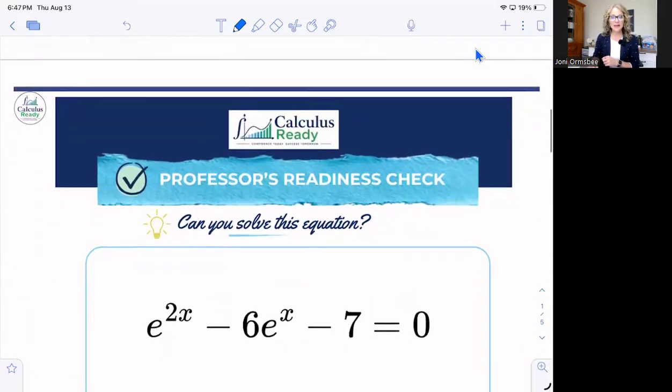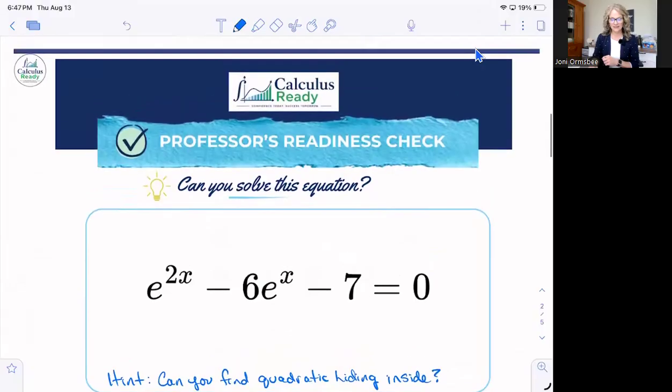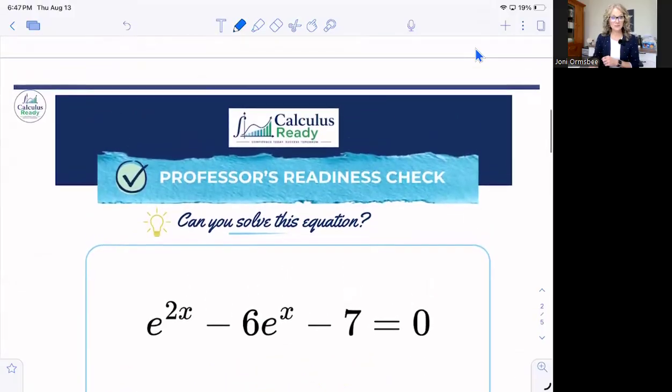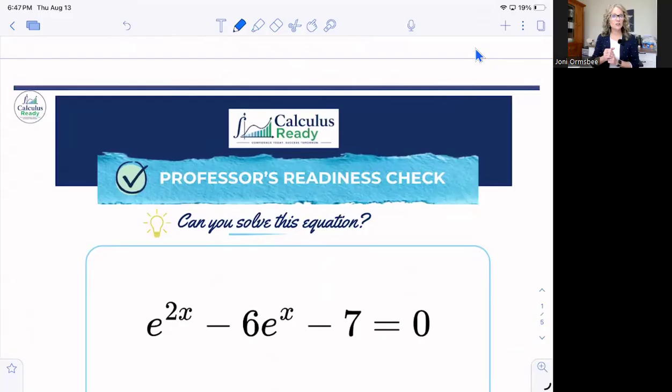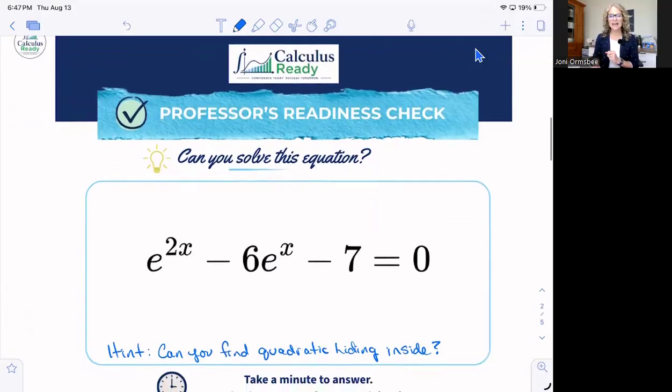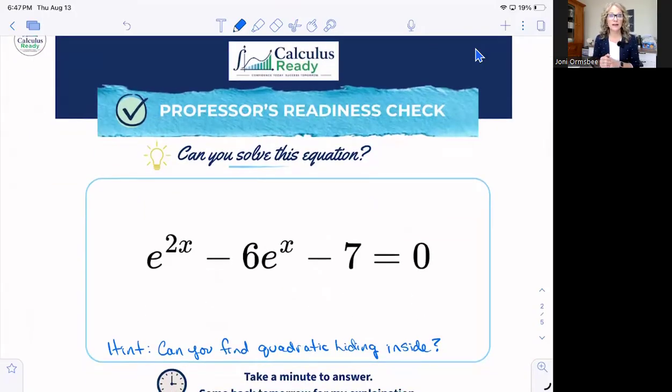Yesterday I posted this equation and I asked if you could solve it. And I gave a little bit of a hint, so I'm going to extend the hint a little bit. The hint is, can you find a quadratic hiding inside this equation?